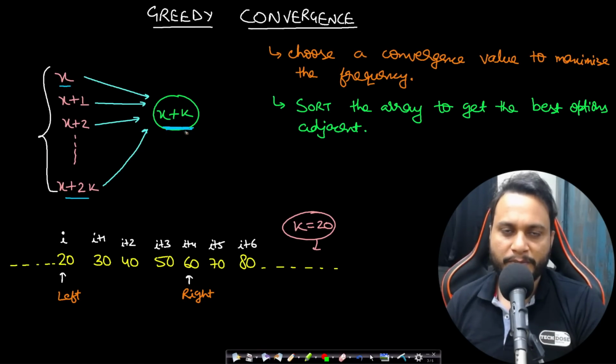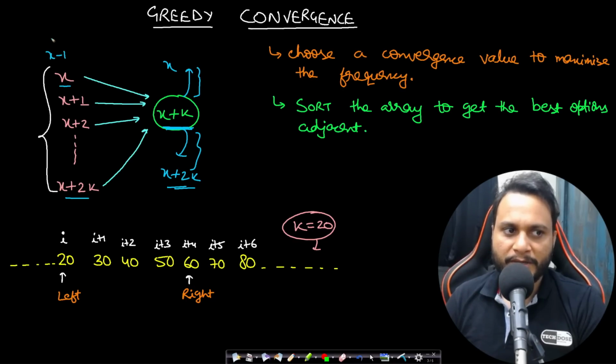It will always be x plus k, because if you take x plus k, then greedily you can span over the maximum range on both the positive and negative side, up to x above, and below you can go to x plus 2k, right? You might have had more elements, x minus 1, x minus 2 and so on above, and you might have had more elements, x plus 2k plus 1 and x plus 2k plus 2 and so on below this, and it is completely fine.